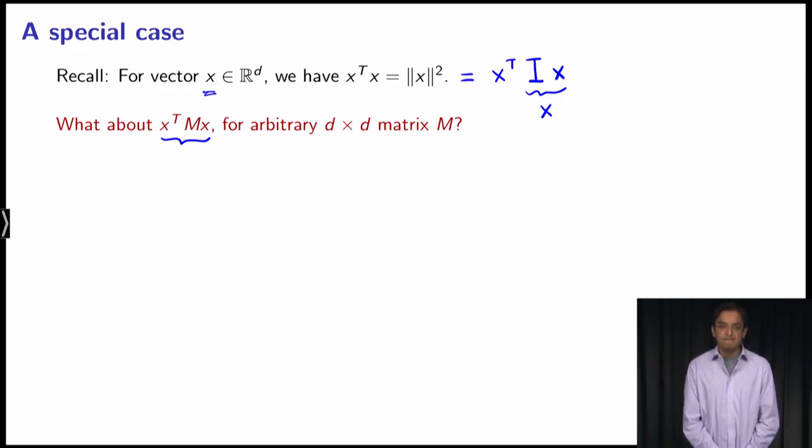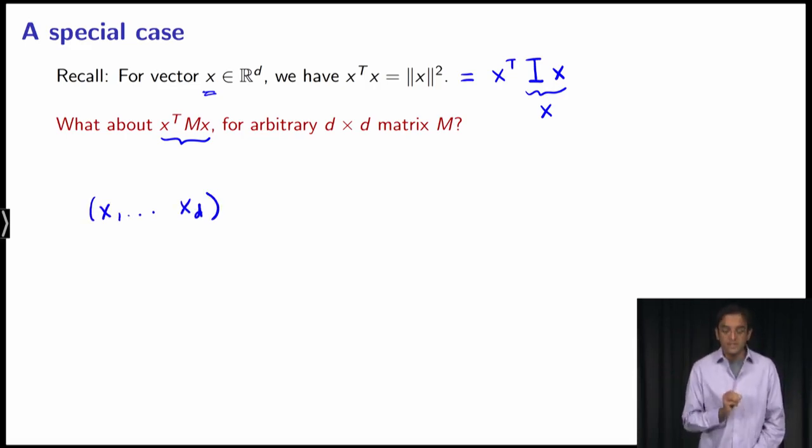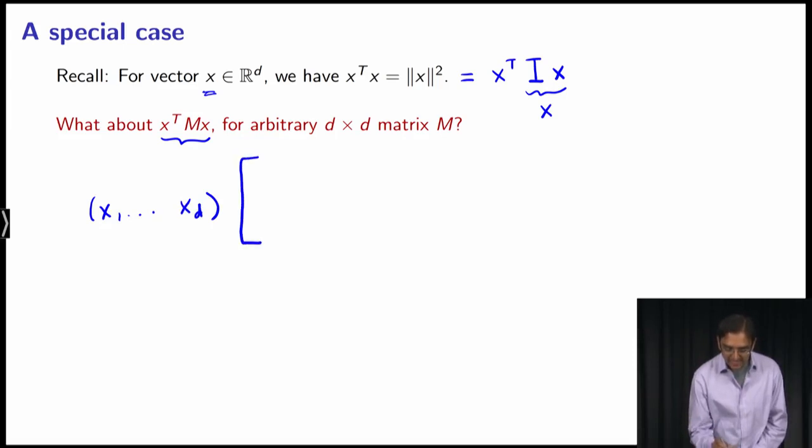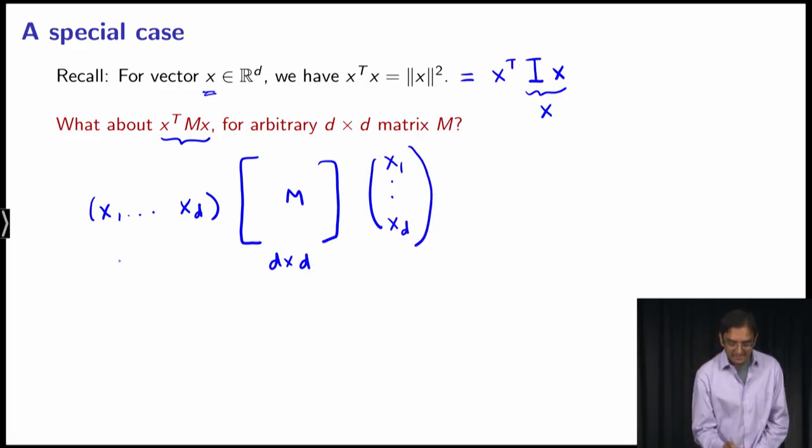What do we get? Let's take a look. We have x transpose, which takes x and makes it into a row. We have this matrix M, which is d by d. And then we have just x, which is a column. So what are the sizes?